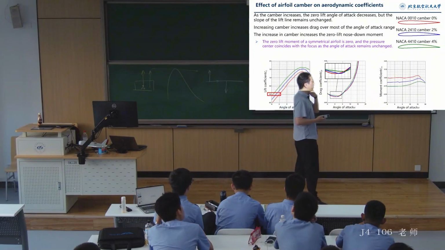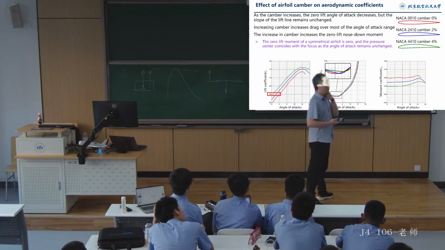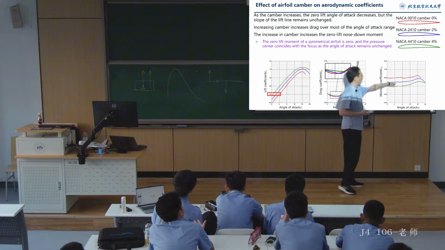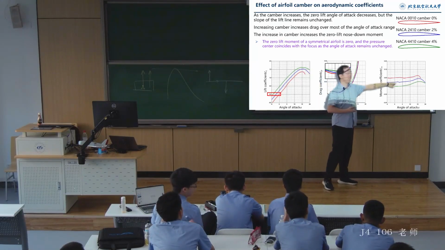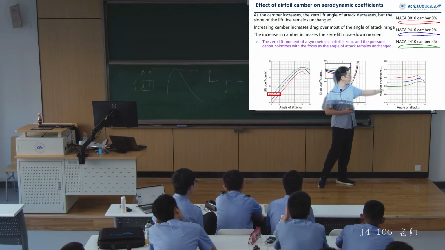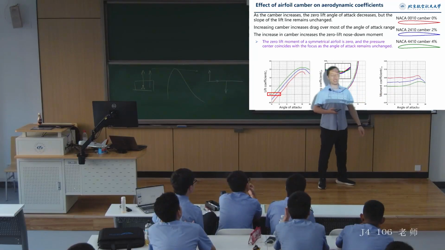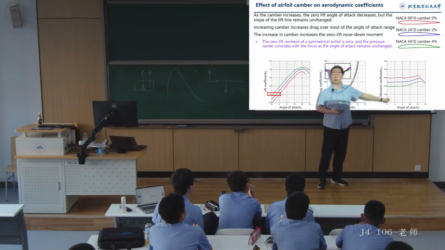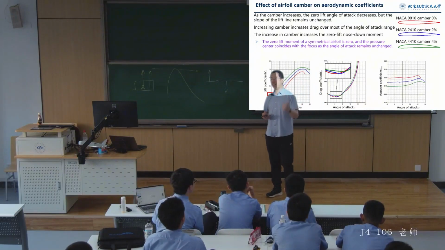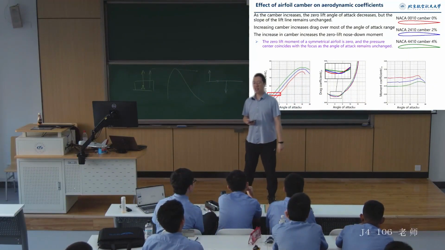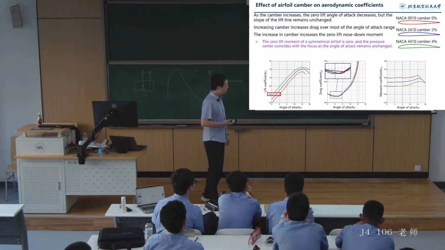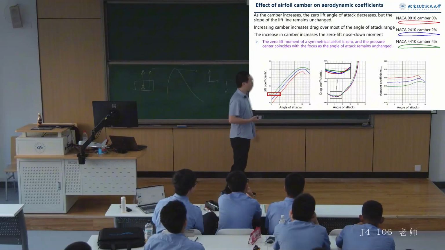It's the point where the moment remains constant at 0, right? So, for a symmetric type, as the angle of attack increases, for the aerodynamic center at the 25% point, the moment also remains constant at 0, right? So, for a symmetric type, where should its center of pressure be? It's this 25% chord length position, right? Alright, this is relatively easy to understand.